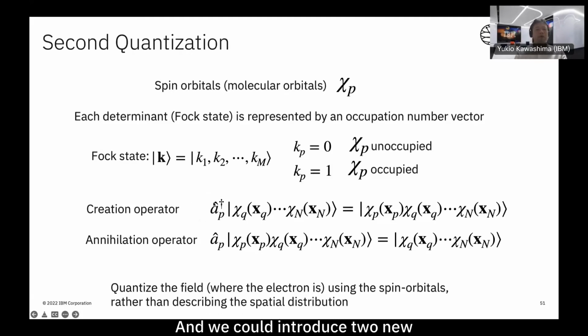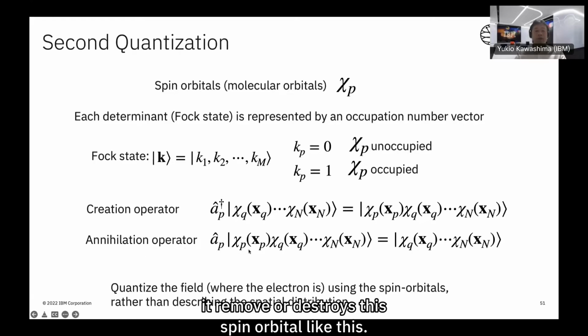We could introduce two new important and convenient operators. That's the creation operator, a_p dagger. Here is this determinant, and if we act with the creation operator, we can make a new spin orbital here. The annihilation operator does the other way around. If we have a_p here, it removes or destroys this spin orbital.